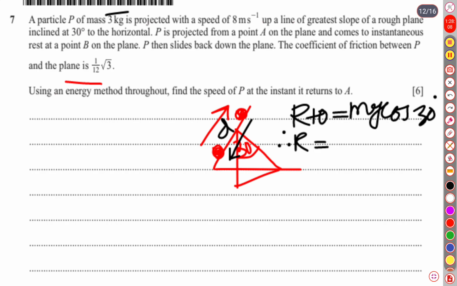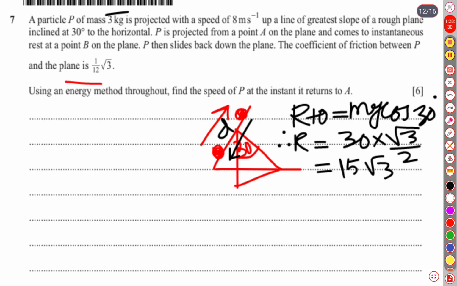So 30 into cos 30, and cos 30 is equal to square root of 3 over 2. Hence, our normal reaction is going to be 15 square root of 3. So we have got our normal reaction.